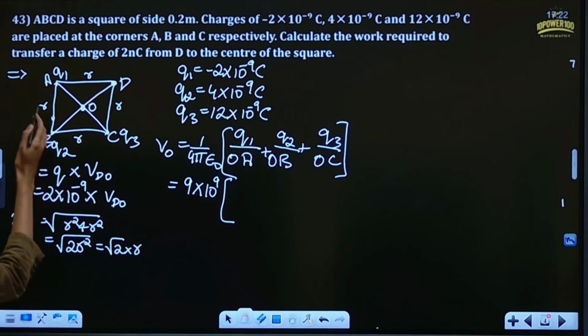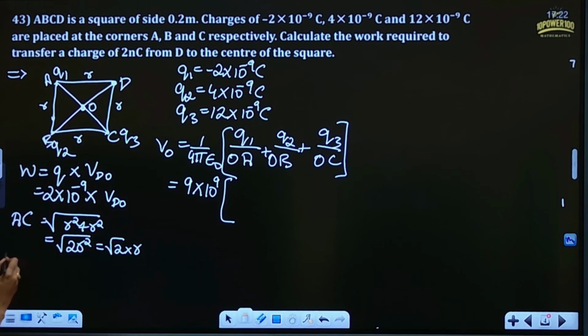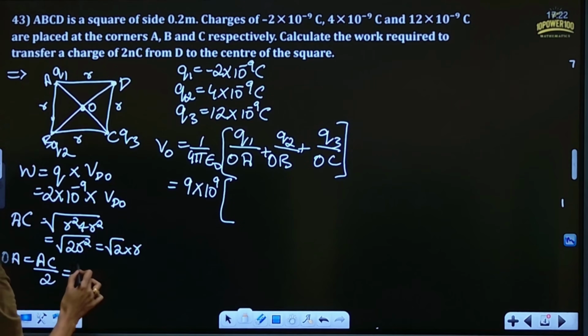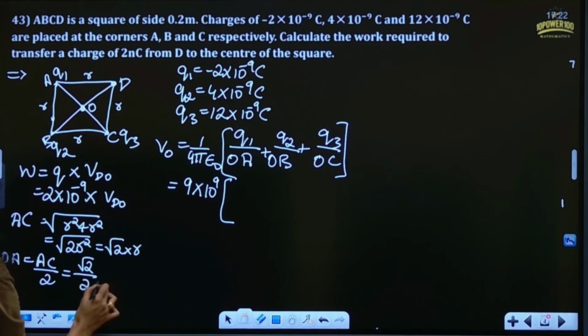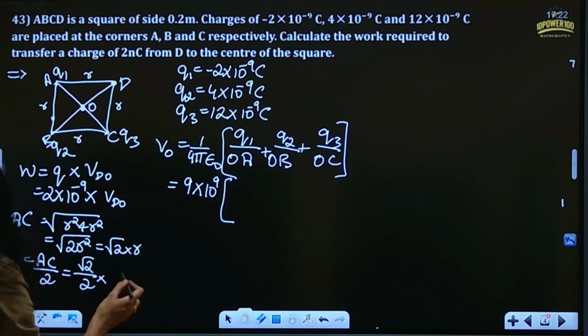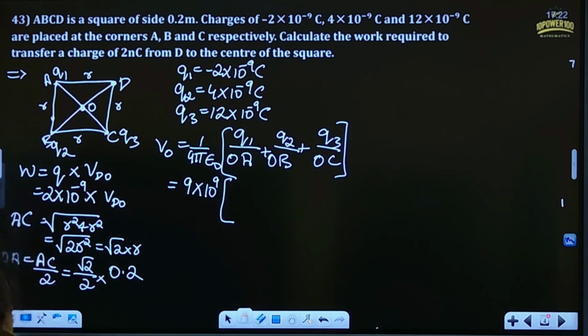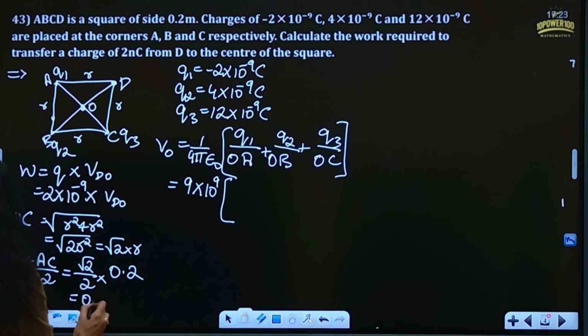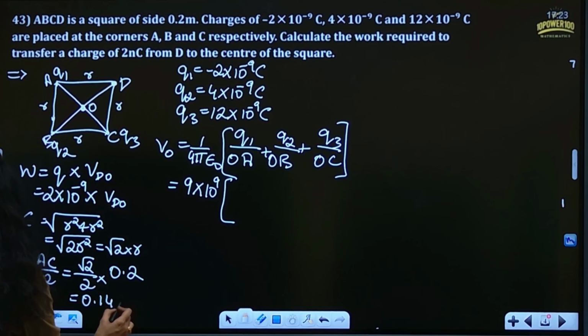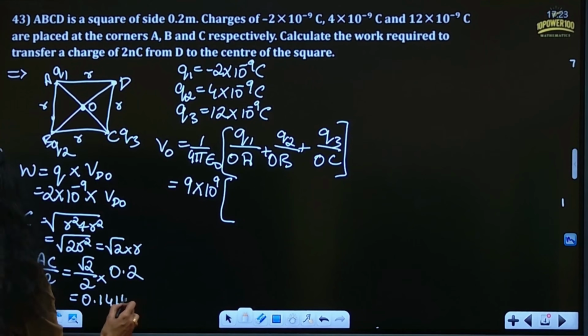OA can be taken as half of AC. So AC is root 2 times R, and the value of R is 0.2, so OA is root 2 by 2 times 0.2, which is something around 0.1414.